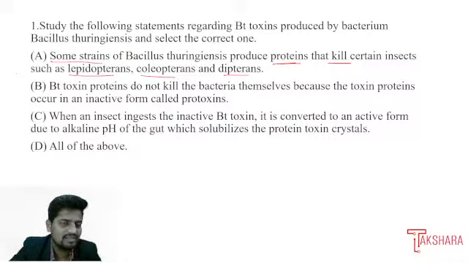So the strain of Bacillus thuringiensis produces a very important protein, and that protein can kill certain types of insects, that is, lepidopterans and coleopterans along with different varieties of dipterans.